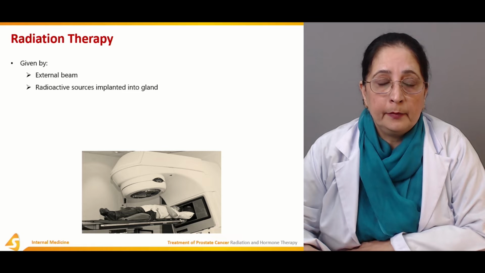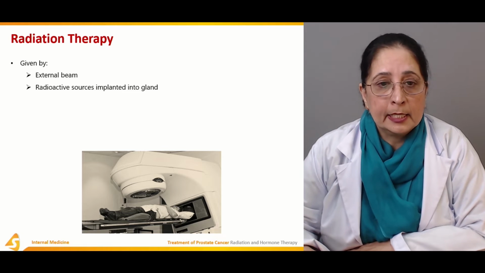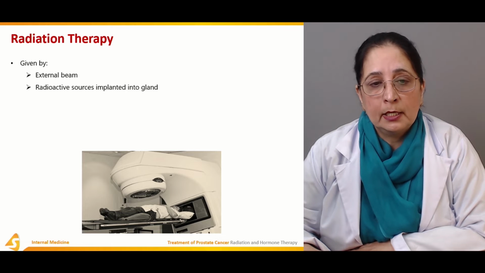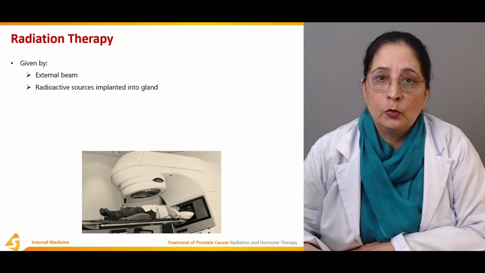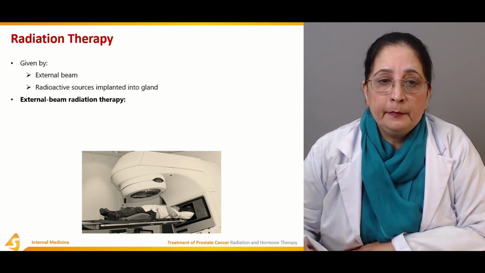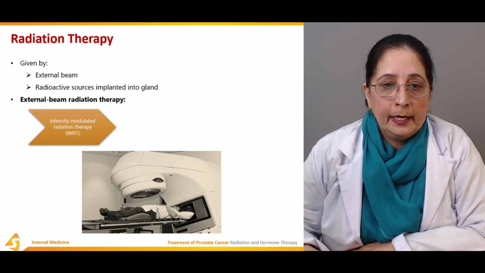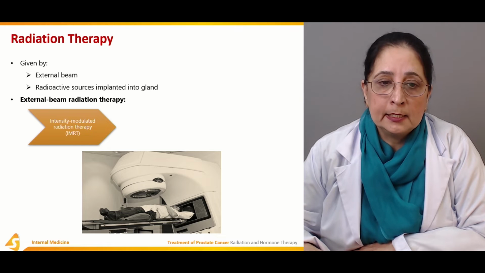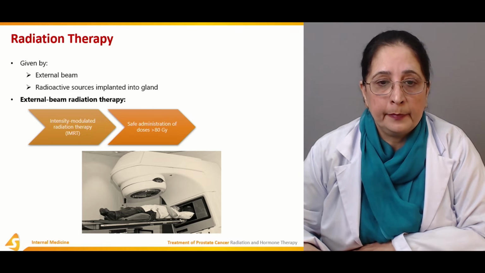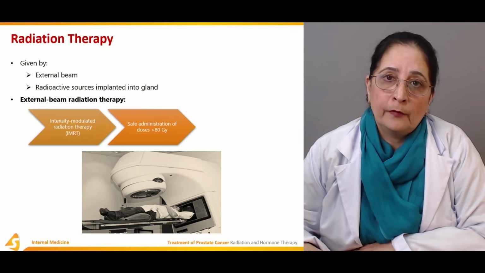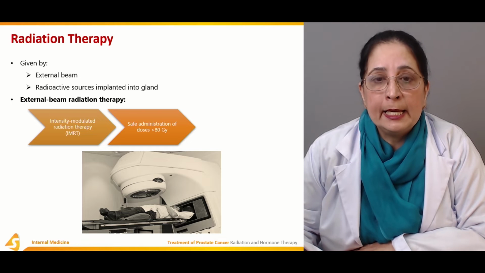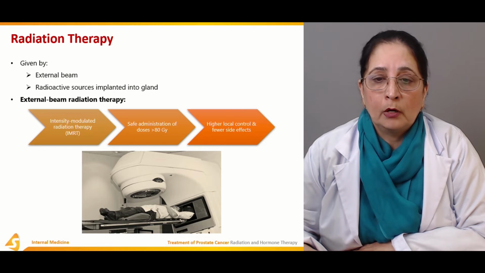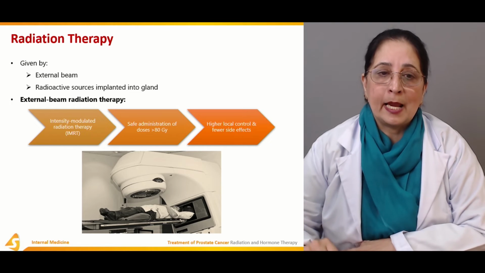So radiation therapy can be given by external beam radiation, and radioactive sources can be implanted into the gland. External beam radiation therapy: intensity modulated radiation therapy allows safe administration of doses up to more than 80 Gy, with higher local control and fewer side effects.